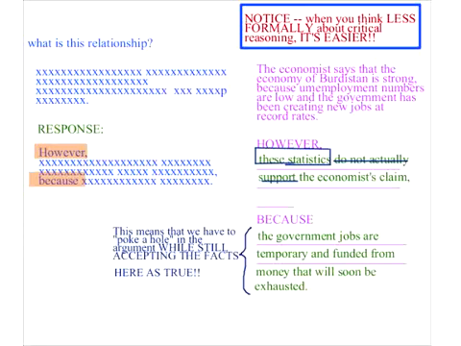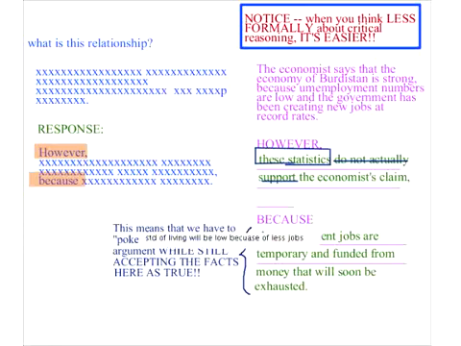I do want to make the point that a couple of people tried to do that. One person wrote, standard of living will be low because of fewer jobs. You can't do that, because the passage actually tells you that there are more jobs.